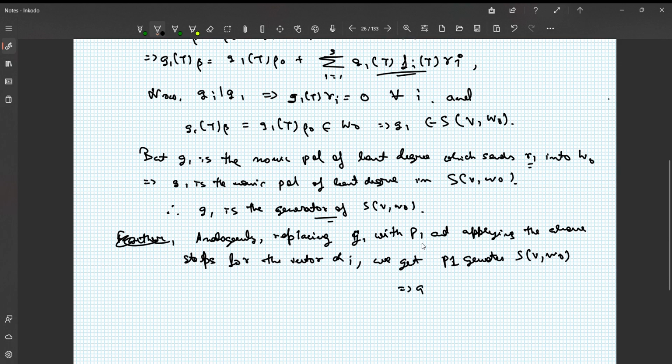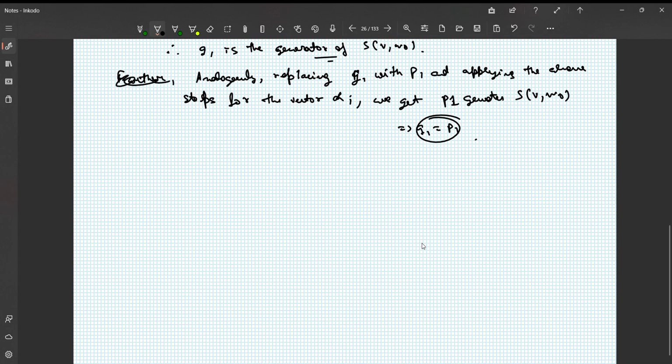We get P1 generates S(V; W0). The generator must be unique, so this will imply G1 is equal to P1. Clear? So we have successfully shown that G1 is equal to P1.